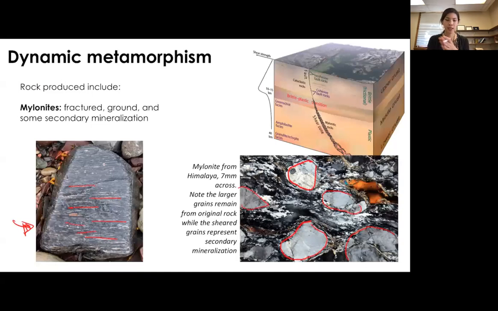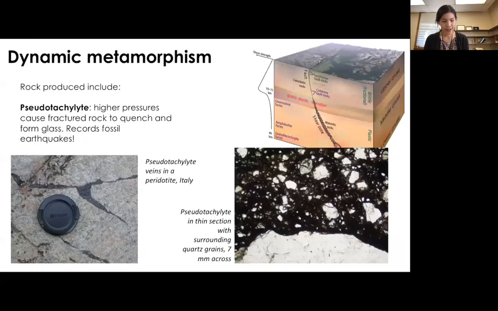That increase in pressure during dynamic metamorphism caused a lot of shearing and fracturing of the surrounding rocks, and those sheared grains are going to represent some secondary mineralization process. If we increase that even more, we get these high pressure pseudotachylites. This is an example of a peridotite in Italy that has a pseudotachylite vein in it. It's this very stark, glassy and dark vein that I'm outlining here.